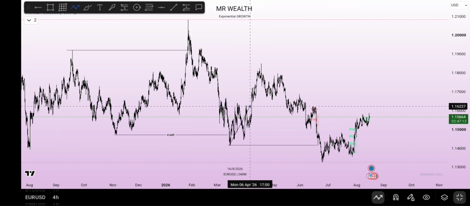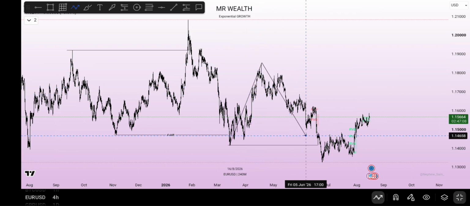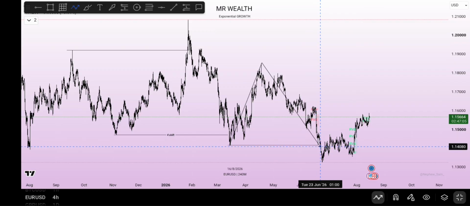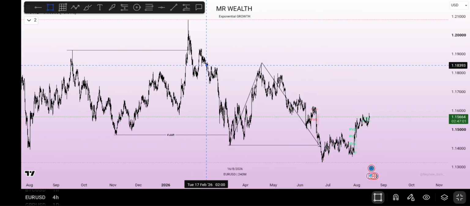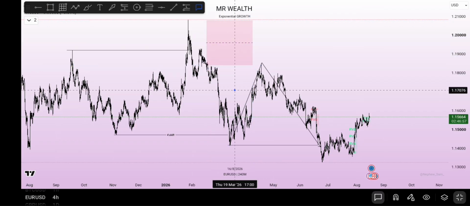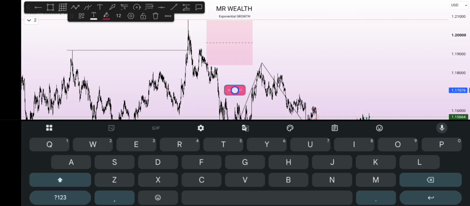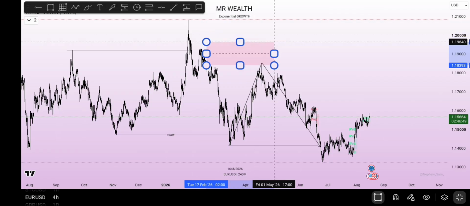For swing traders, between the internal structure, they'll just say that buy order triggered from a block here, and it triggered from a block here, and it triggered from a block over there.